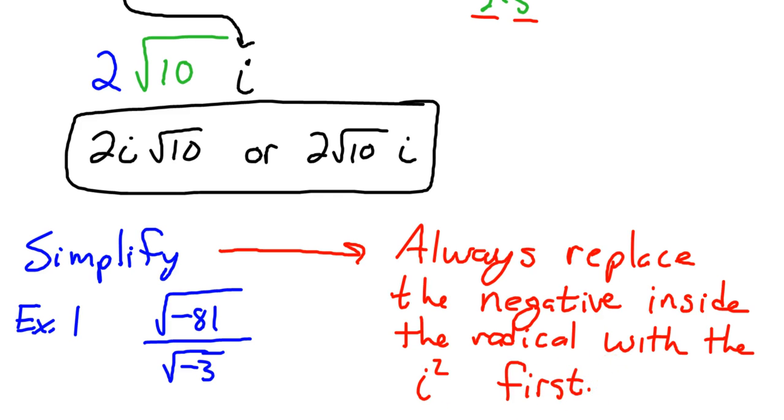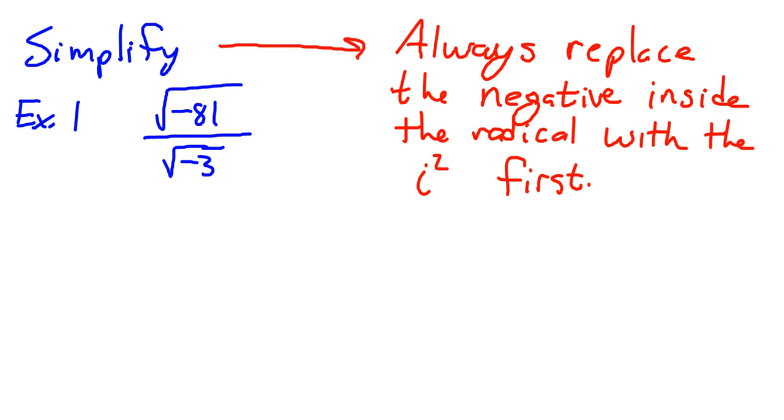Anytime you're doing these, whether it's addition or subtraction or multiplication or division, if you have a negative number inside the square root, that's the very first thing you have to do before you do anything else: get rid of the negative part first, and then you can go back and break it out and do whatever you want to do with the rest of it.